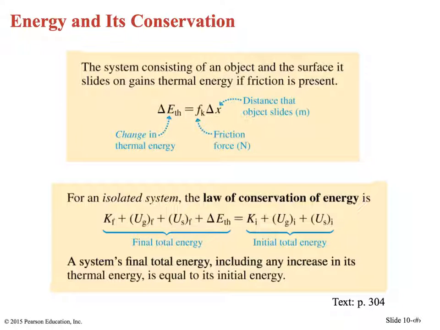If they don't equal each other, it's because work was added. And if work is added, we have to add that to our initial here. It is still the law of conservation of energy, but it is not an isolated system anymore. So all of our initial energy will equal all of our total energy.